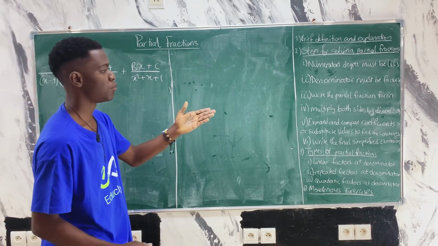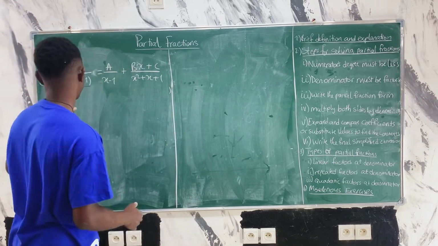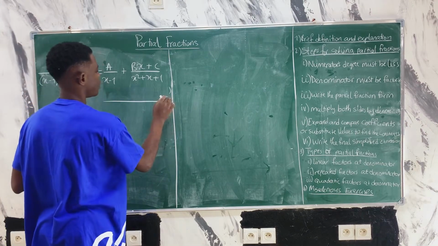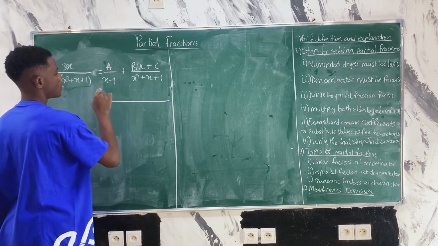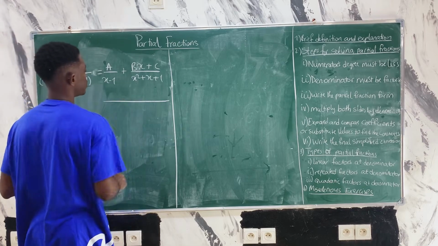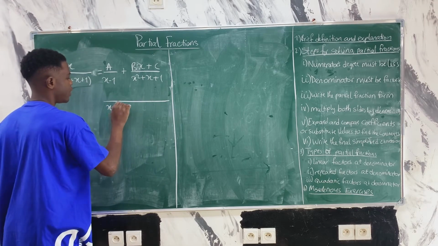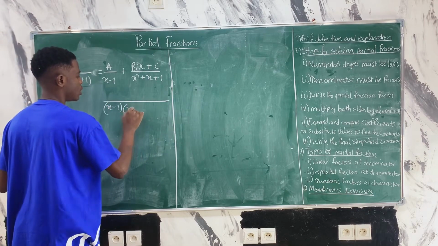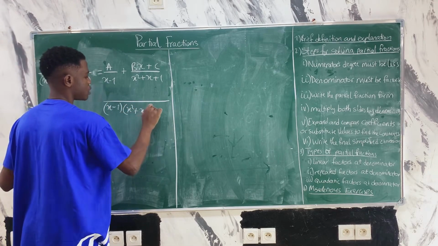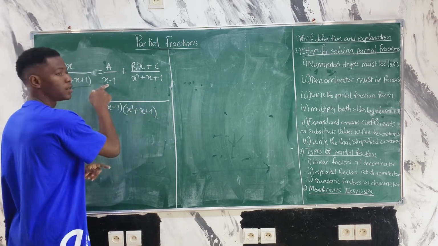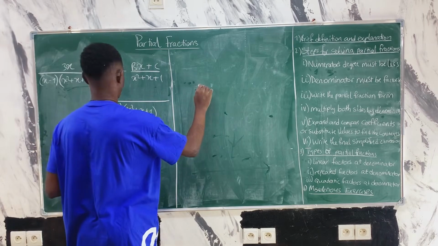So the next step says multiply both sides by the denominator. Before doing that, you have to find the LCM. The LCM of these two will just be the product of the two. You have x minus 1 into x squared plus x plus 1. Okay, when we do this divided by this denominator, let's do it.